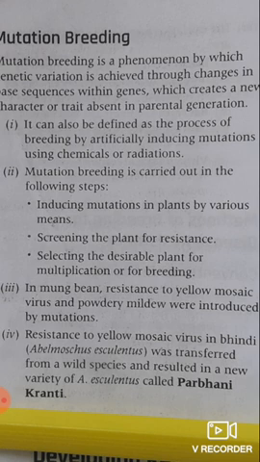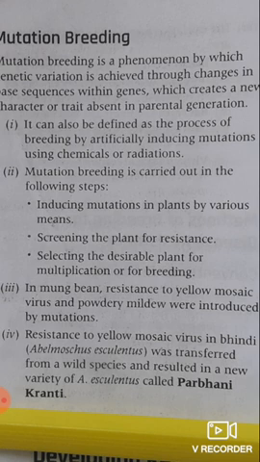For that, the first step is inducing mutation in the plant by various means, by different mechanisms or methods, by chemicals or by radiations. Second, screening the plant for resistance. We first have to get the plant in which we want to use this process for mutation.